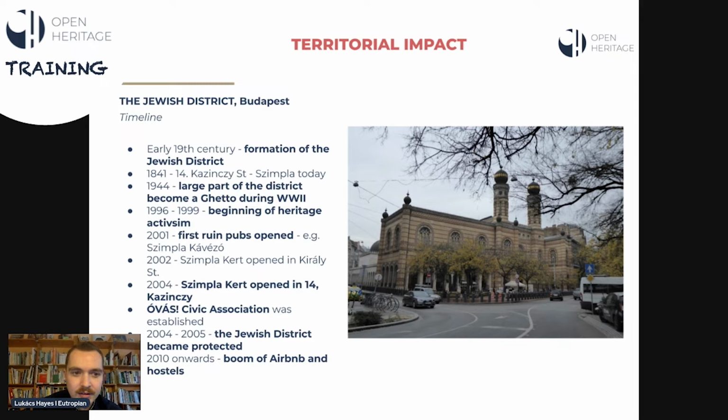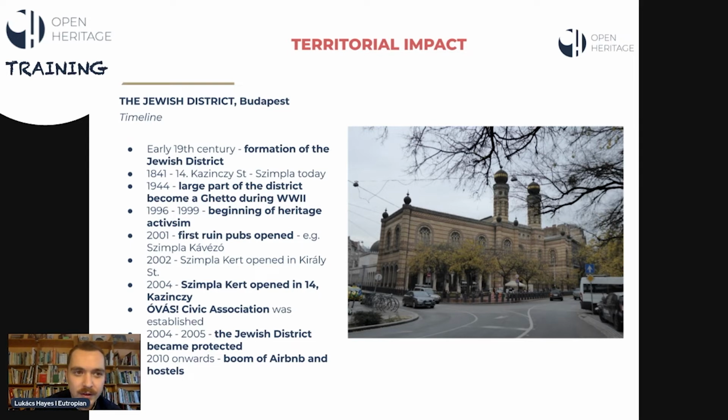And in 2004, Szimpla Kert opened in its current location at 14 Kazinczy Street.